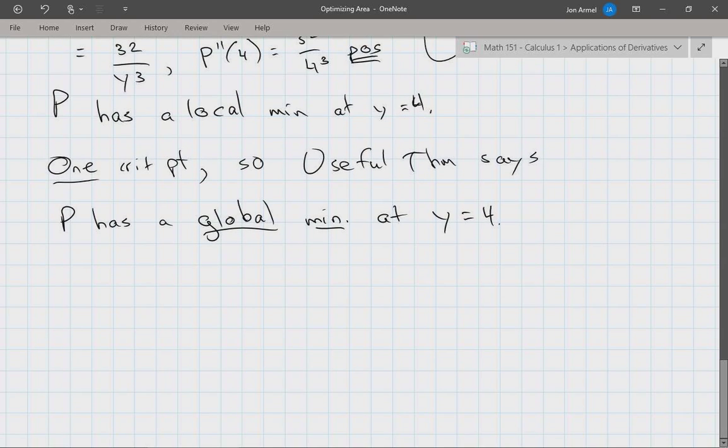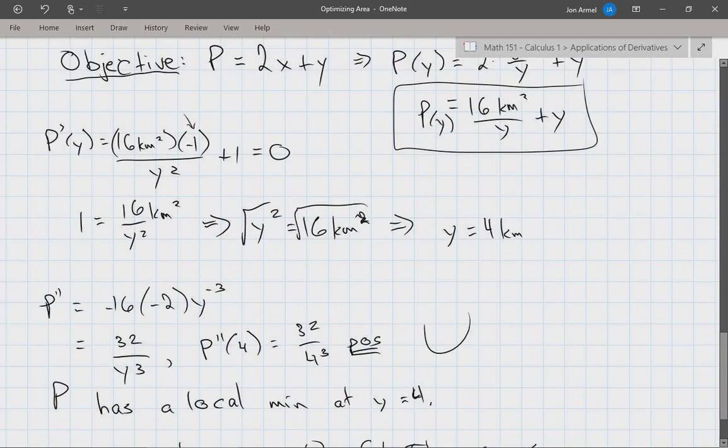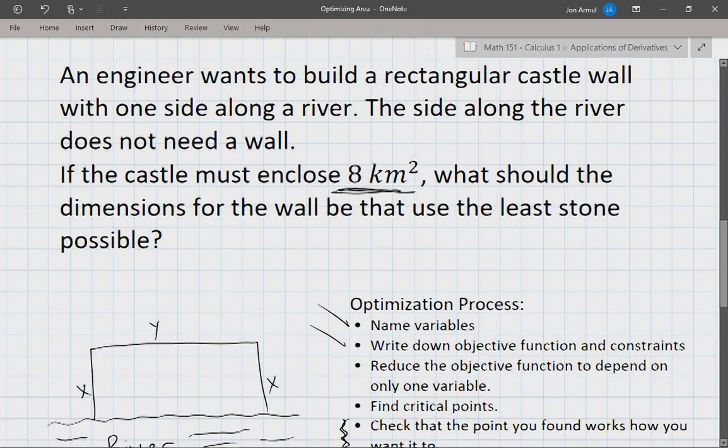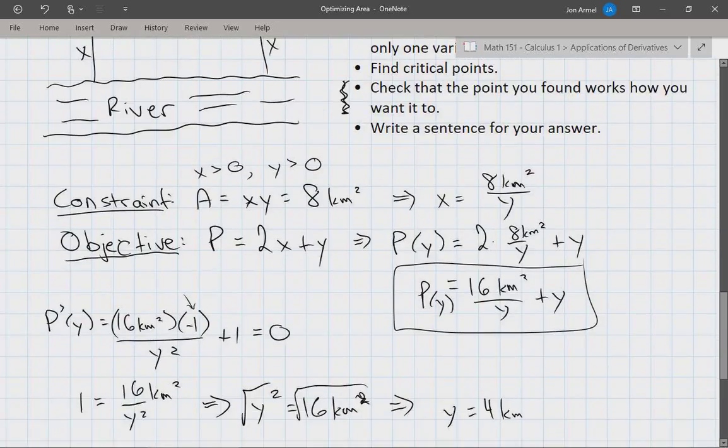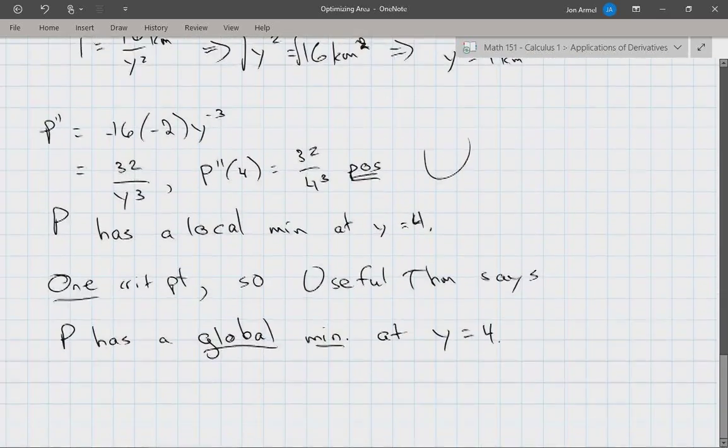Now that I know I actually have a global minimum, then I can finish the problem. I can find x. What was I supposed to find, the dimensions, the x and y that minimize the perimeter, or was I supposed to actually find what the minimum perimeter is? So for that, it's best to look back at the wording of the original problem. And this says, what should the dimensions be? Okay, the dimensions are the length and width. So I need to find x and y. I don't need to compute the actual perimeter.